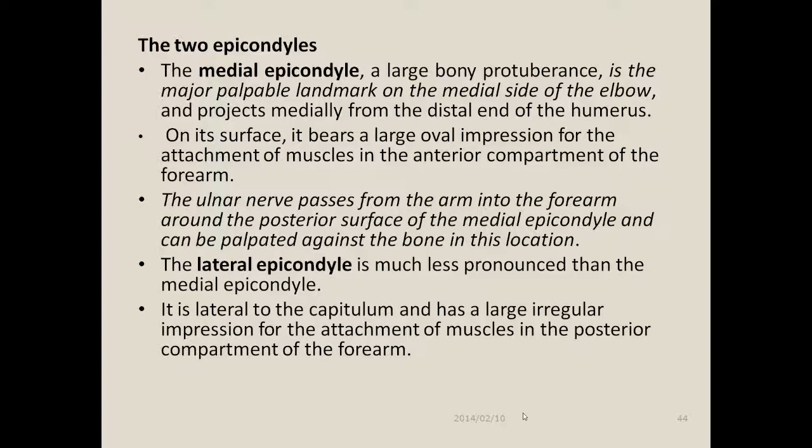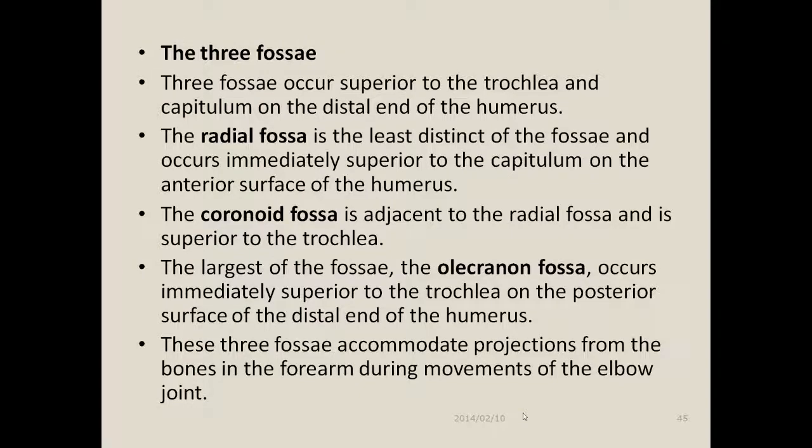The medial epicondyle, a large bony protuberance, is the major palpable landmark on the medial side of the elbow and projects medially from the distal end of the humerus. The lateral epicondyle is much less pronounced than the medial epicondyle. It is lateral to the capitulum and has a large irregular impression for the attachment of the muscles in the posterior compartment of the forearm.